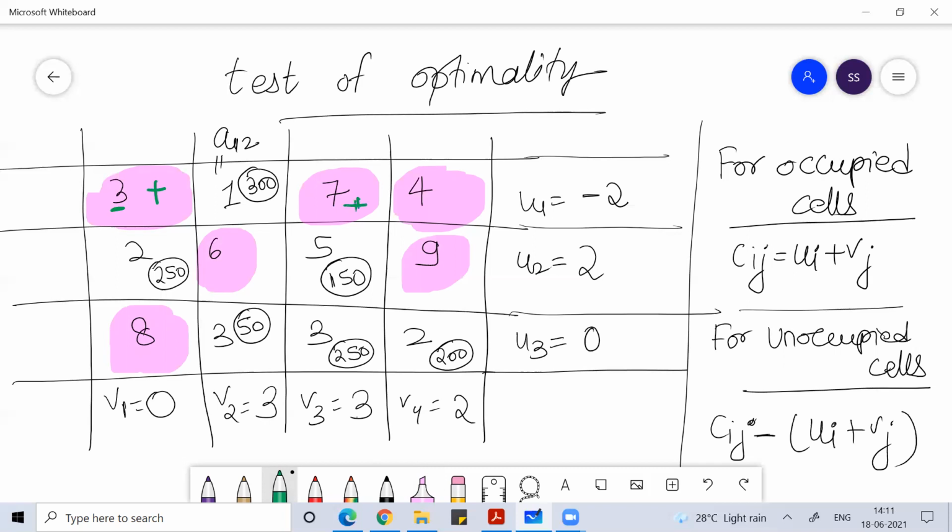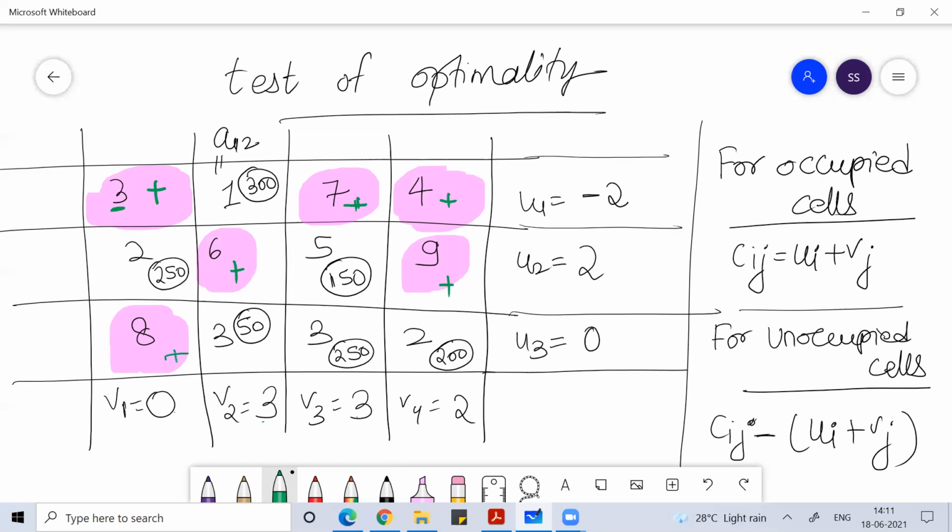Then you see this cost is 4, 2 minus 2 is 0, 4 minus 0, positive. Then 3 plus 2 is 5, 6 minus 5, positive. Okay, then 2 plus 2 is 4, 9 minus 4, positive. Then here this is 0, this is 0, this is 0, 8 minus 0, positive.